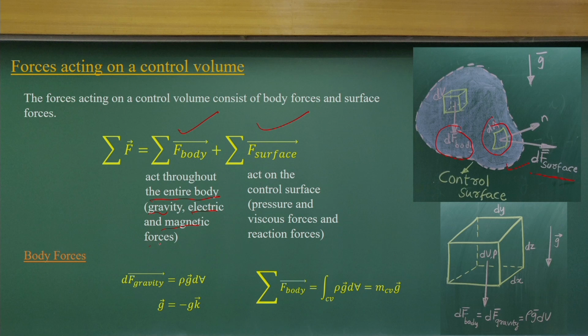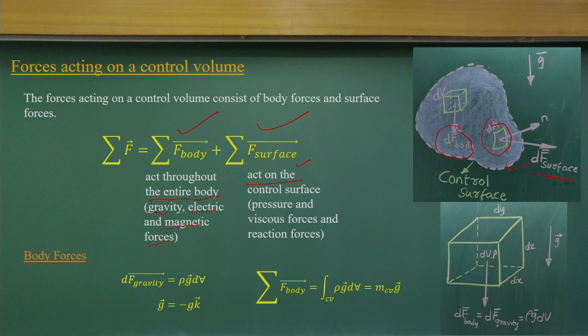Electric and magnetic fields are not considered in this case, but in some cases we can consider them. The other is the surface force acting on the control surface. The forces that can act on the control surface are the pressure force, the viscous force and any reaction forces, like when a control surface cuts through a rigid part. So, there could be reaction forces.